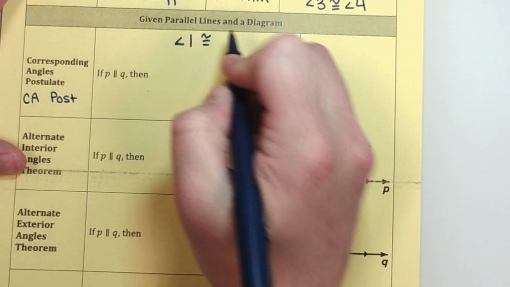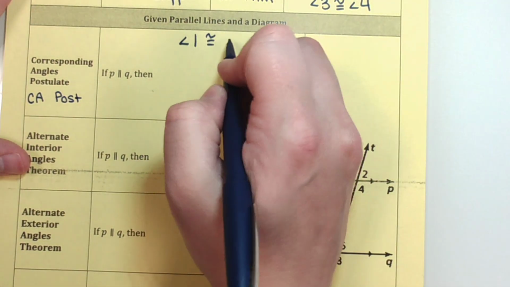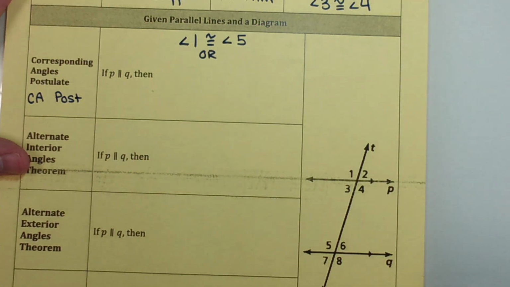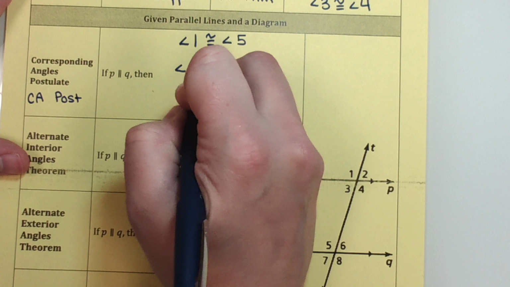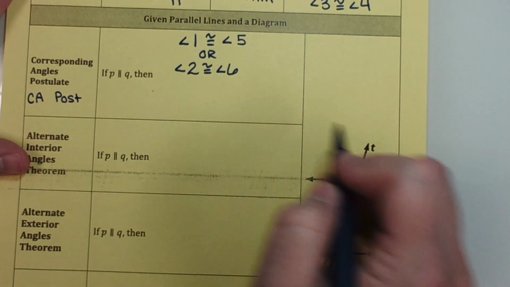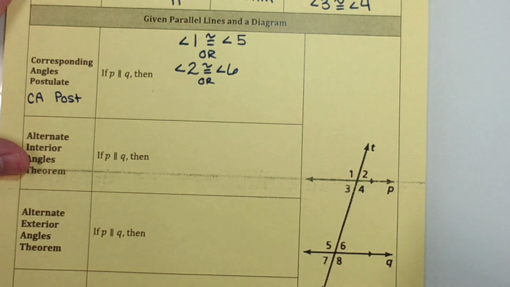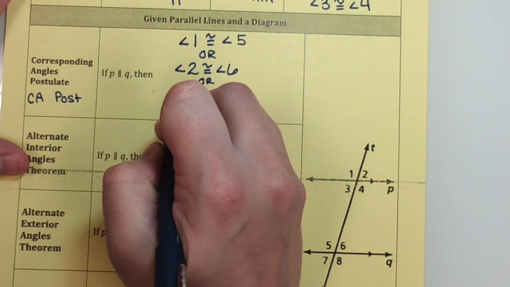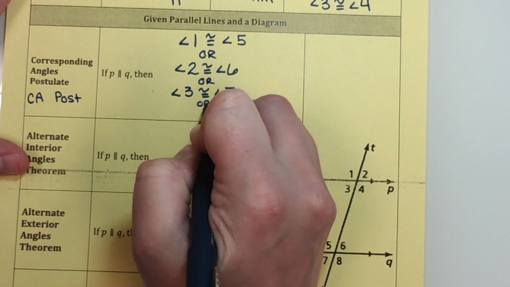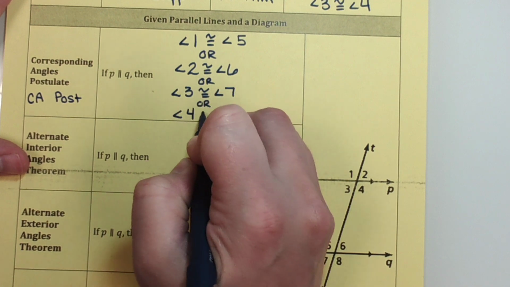So, corresponding angles postulate allows me to say angle 1 is congruent to angle 5. Or, I could say angle 2 is congruent to angle 6, because that's corresponding angles. Or, I could say angle 3 and angle 7 are congruent. Or, the last option is angle 4 and angle 8.